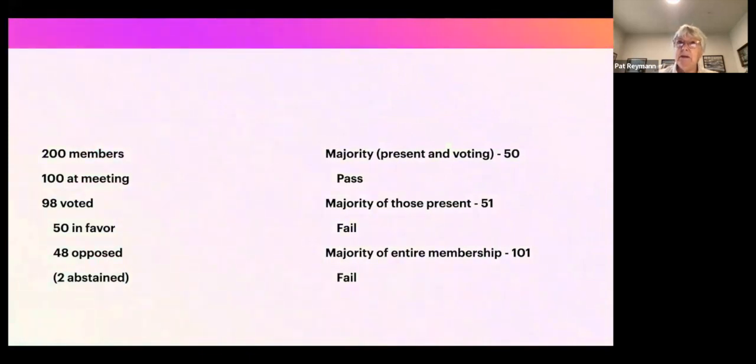So you see there is a distinct difference in the outcome of voting if you don't have the basis correct, if you don't have the basis that you want. Now, sometimes you do want to have a motion that requires a majority of the entire membership. But generally speaking, a majority of those present and voting will cover most situations.